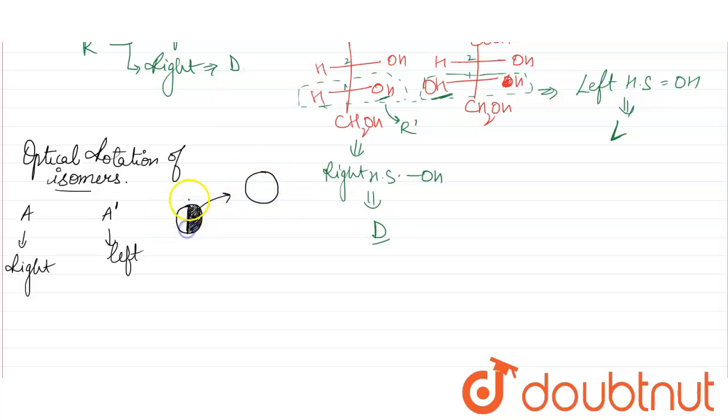This is the angle 0. Right hand side it moves in a positive direction, and left hand side it moves in a negative direction.